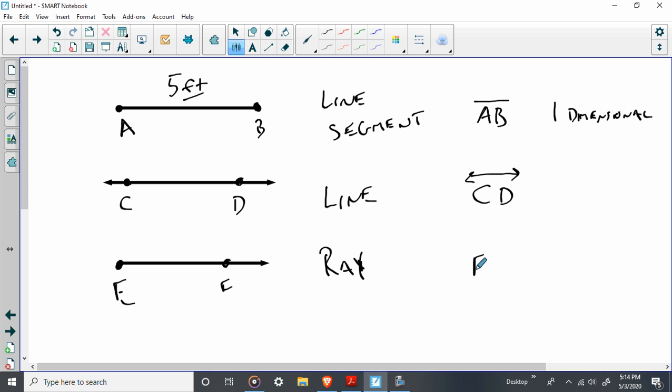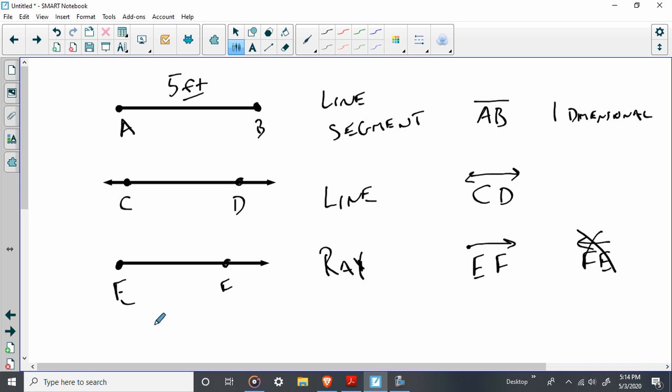So again, how do we write this? EF, always from here to here. It ends at E, right, and goes until F. We do not write this. No. You're always going to start from an endpoint. The symbol goes this way, and this is your endpoint, and this is where it goes on forever.